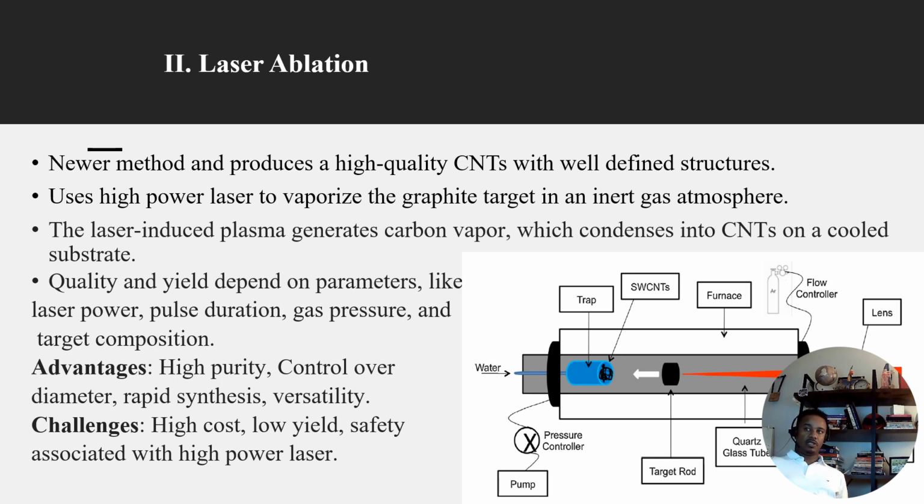It is pretty versatile because it can be used to produce both single-wall carbon nanotubes and multi-wall carbon nanotubes. However, it also presents a few challenges, including low yield, high production cost, and safety concerns, because it uses high-power lasers. Despite these limitations, however, laser ablation remains a valuable tool for research and some specific applications where high purity carbon nanotubes are required.